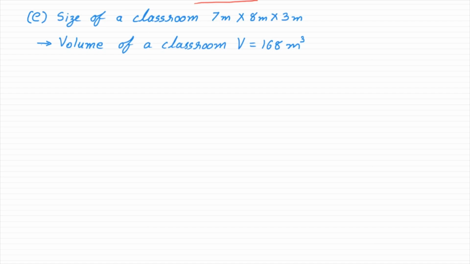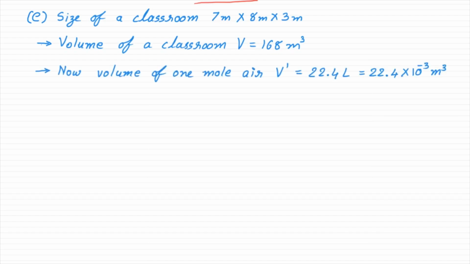So the volume of this classroom will be V equal to 168 meter cube. Now the volume of 1 mole of air, let us say V dash, is 22.4 liter, and so we can write 22.4 into 10 raised to minus 3 meter cube.